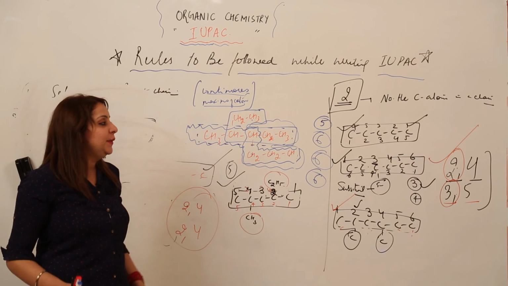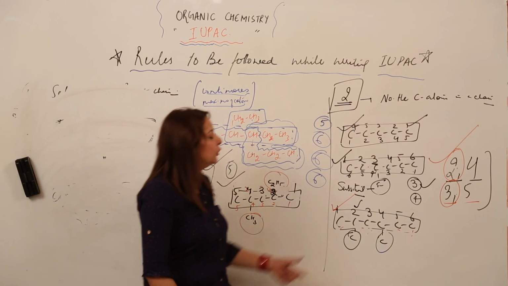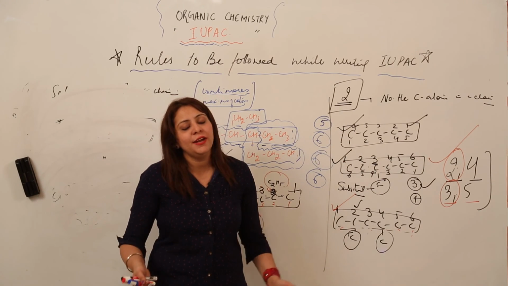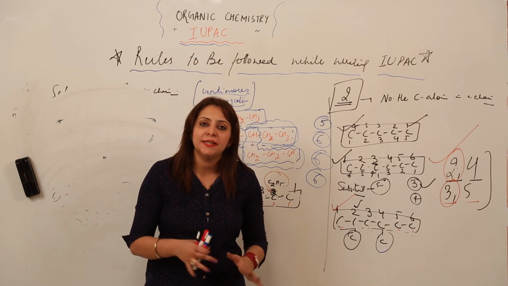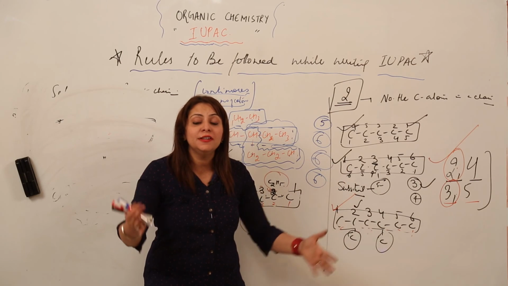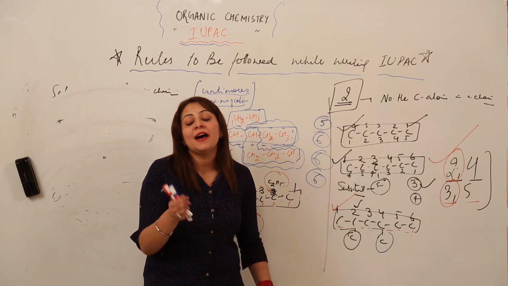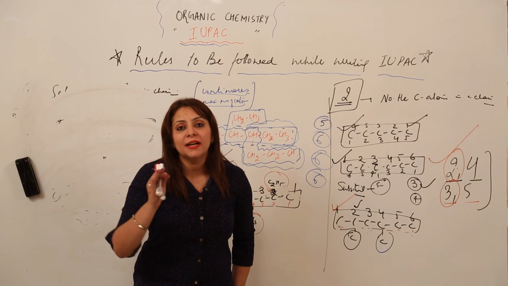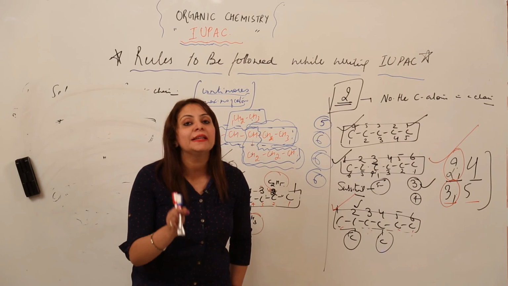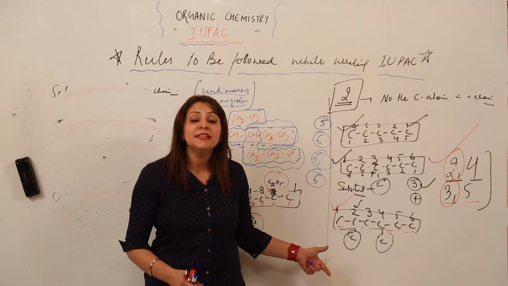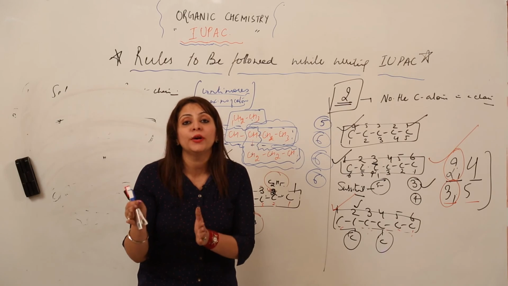So I think you are clear with how you have to number. Again I am repeating in a short span, just look at the board. If everything is included in the parent chain, it hardly makes a difference whether you number from this side or that side. But if some substituent is attached, something left after the parent chain, then you have to use the rule that the substituent should get the lowest number. That means the carbon atom which bears the substituent should get the lowest number. If more than one substituent is present, then we use the lowest set of locants.